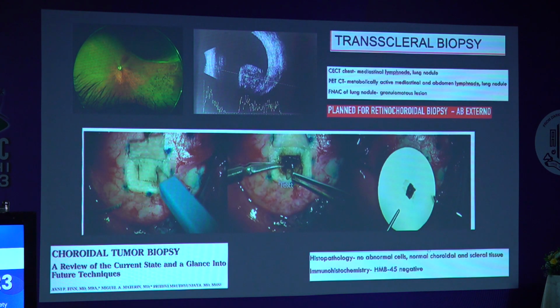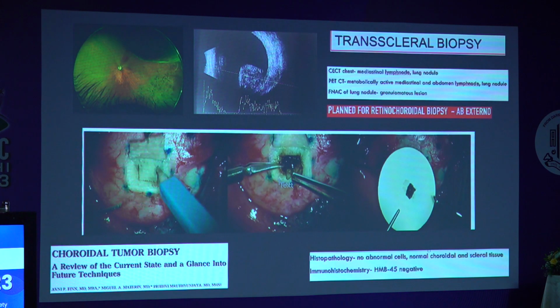Why it is important to leave this partial thickness is that we can suture the globe, and in case it turns out to be a malignant lesion, you can put a plaque over this lesion. That is very important. And if it is a malignant lesion, your malignant cells will be sequestrated within the sclera, so it will not come out into the conjunctiva. And of course, we are using precautions like distilled water in these patients.